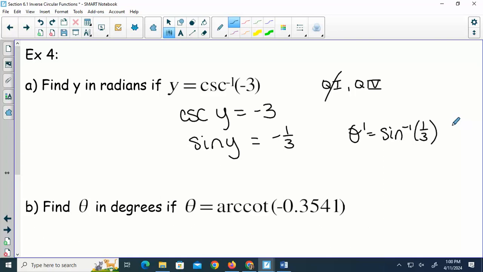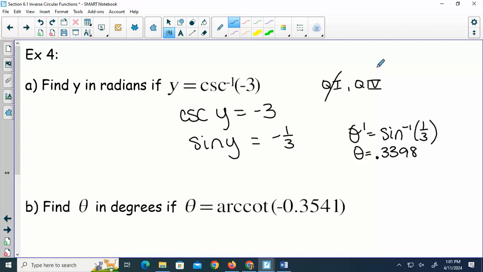I asked for radians, so make sure you're in radian mode. And then we do sine inverse, so second sine of 1/3. We just drop the negative. Yes, for now, we're just doing the reference angle. So that's our reference angle.